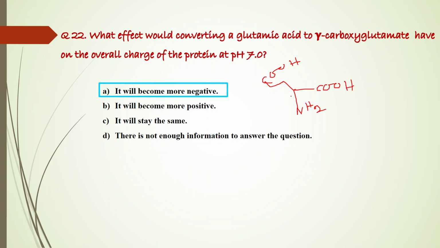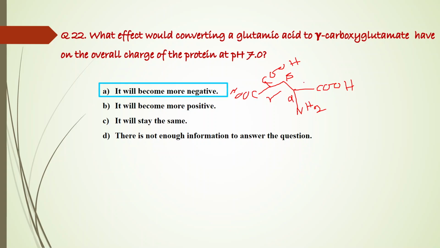This is our alpha carbon, this is our beta carbon and this is our gamma carbon. So it states gamma carboxyglutamate, so another carboxyl group should be added in the case of gamma carboxyglutamate.